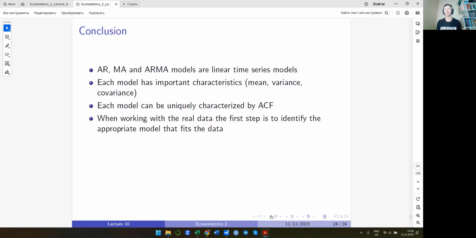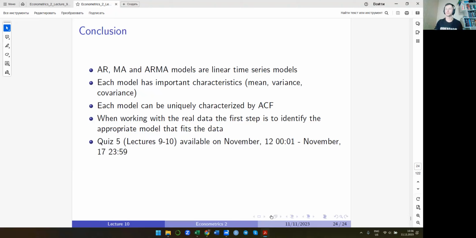We will start the practical application of everything that we have discussed today to the real data. So your plans for the future. Quiz number 5 is going to be based on these lectures, on today's lecture, 9 and 10.